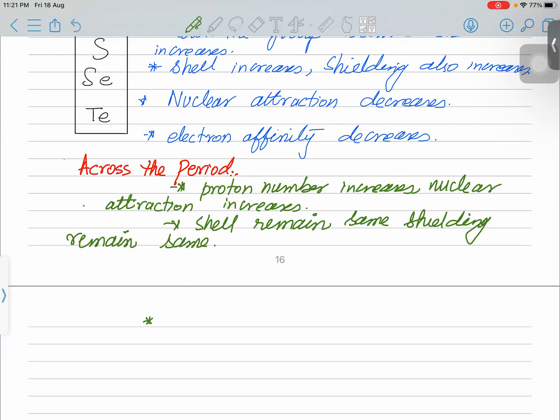So electron affinity will increase. Very good. Across the period, electron affinity increases.